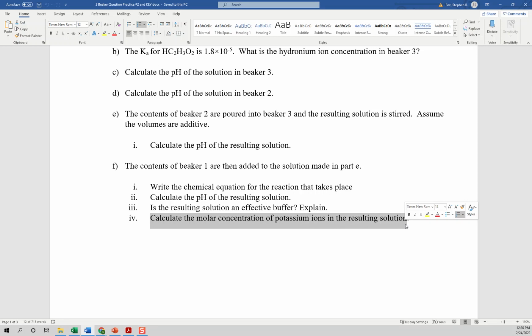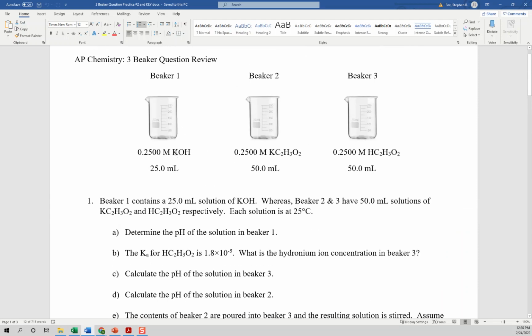We just need to figure out how many moles of potassium we have after we combine all three beakers, and then divide by the new volume, which we already said was 0.125 liters, and that'll give us the molarity of potassium. The harder part is that we have two sources of potassium: moles from this beaker and moles from this beaker. We figure out how many moles of potassium we had in each beaker, add the two up, which gives the moles after we mix all three beakers together, and then divide by the new volume.